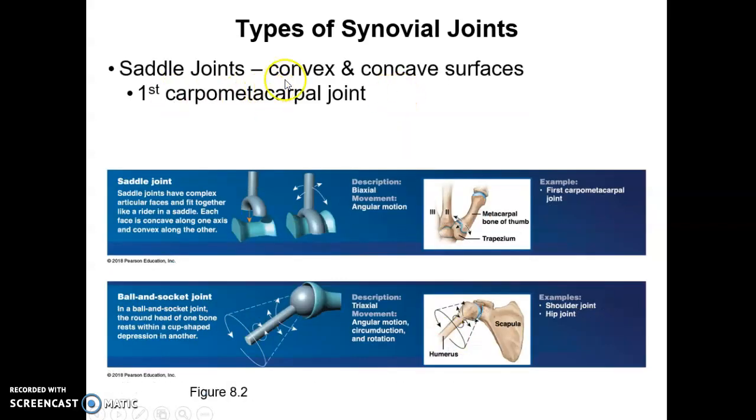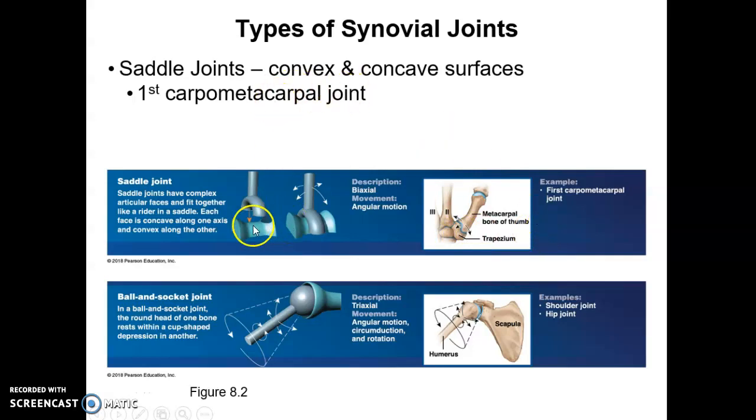Moving on to saddle joints. And again, convex or concave surfaces, a little more elaborate. This is at the first carpal metacarpal joint. So the first carpal metacarpal joint, that's at the wrist with the metacarpals, and the first one, so that's at the thumb, base of the thumb.